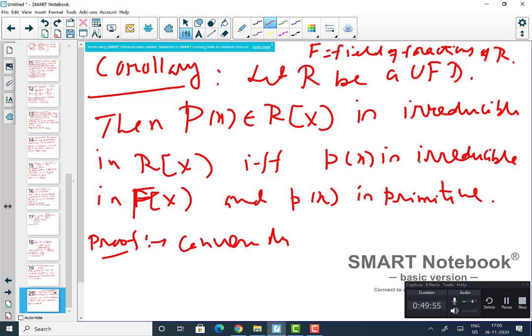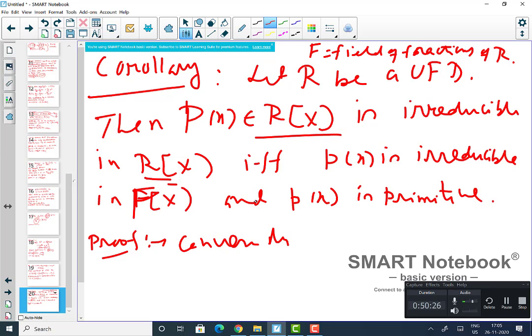If this is reducible inside R[x], so what does that mean? That means if it is reducible inside F[x], it is also reducible inside R[x]. That is from Gauss Lemma. Gauss Lemma tells you that whenever something factors inside the field of fractions, you can write it in terms of reducible factors inside R[x], right?